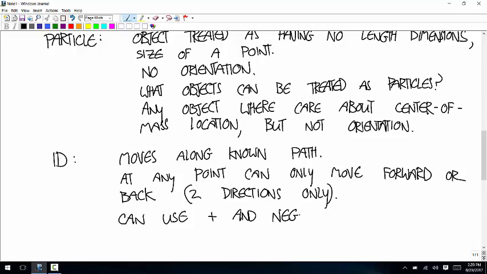And that's exactly because there's two signs, positive and negative, and those correspond to the two directions that exist in a one-dimensional world. So positive and negative to indicate direction.